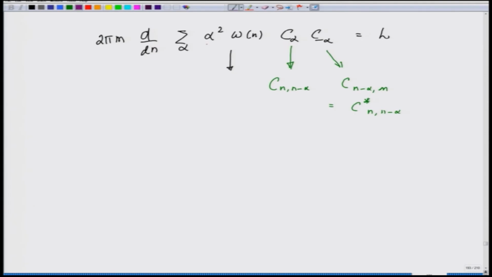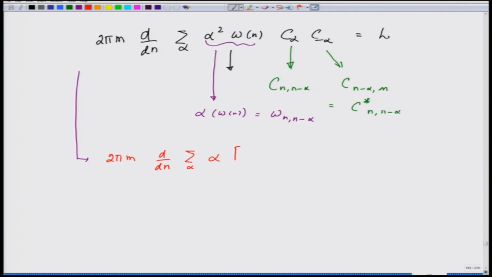And from here I am going to take alpha omega n as omega n, n minus alpha. So when I translate, I will be very careful in this. I will write 2 pi m d by dn of summation alpha, one alpha remains. In the brackets I am going to have omega n, n minus alpha modulus of c n, n minus alpha square is equal to h.